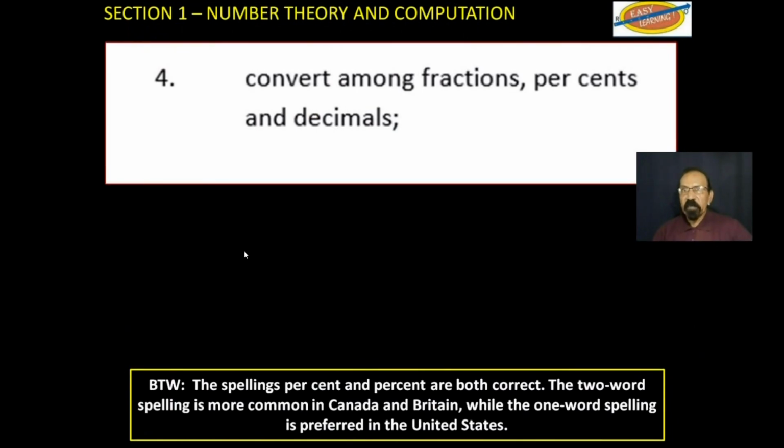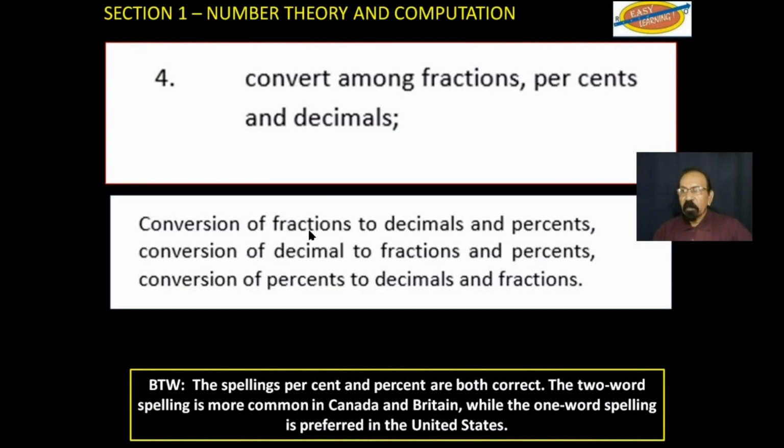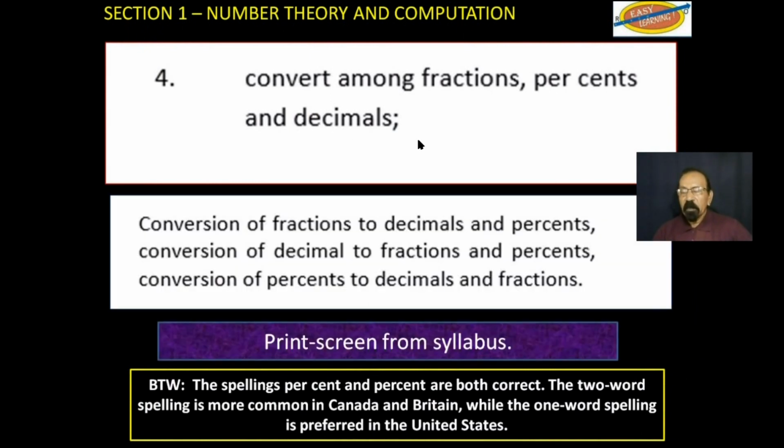Convert among fractions and percents and decimals. This that you see up here is a print screen from the syllabus as it relates to the spelling percent and per cent. That is percent as 2 words and percent as 1 word. Both are correct.